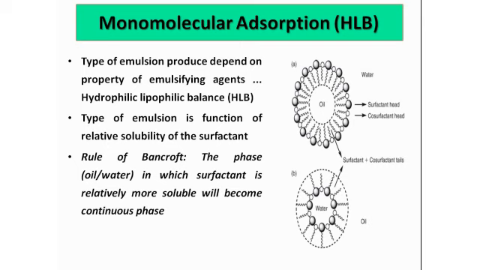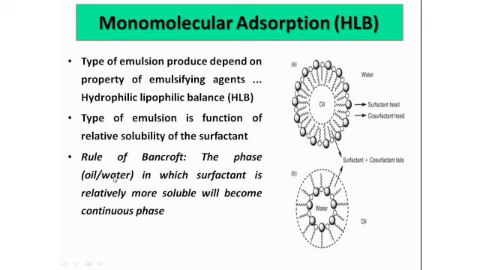So there is a rule, known as the Bancroft rule. What does the Bancroft rule say? The phase, oil or water, in which the surfactant is relatively more soluble will become the continuous phase. Suppose the surfactant is more soluble in the oil phase, then the emulsion will become water in oil.